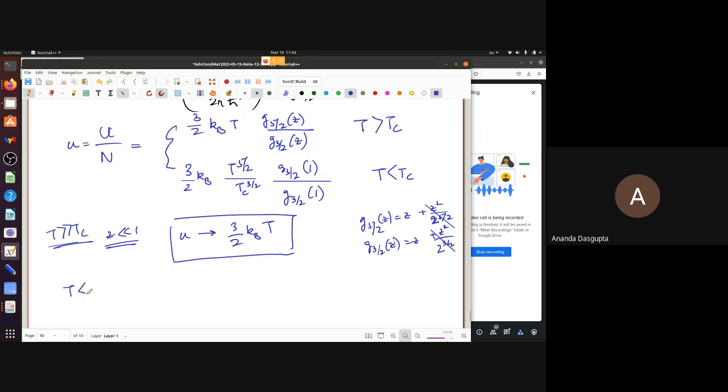When T is less than TC, on the other hand, things are very different. Even when T is close to TC, it's very different. Now, our final physics part, if we talk about the heat capacity, which is dU/dT, what is that like? dU/dT for T less than TC is pretty straightforward.